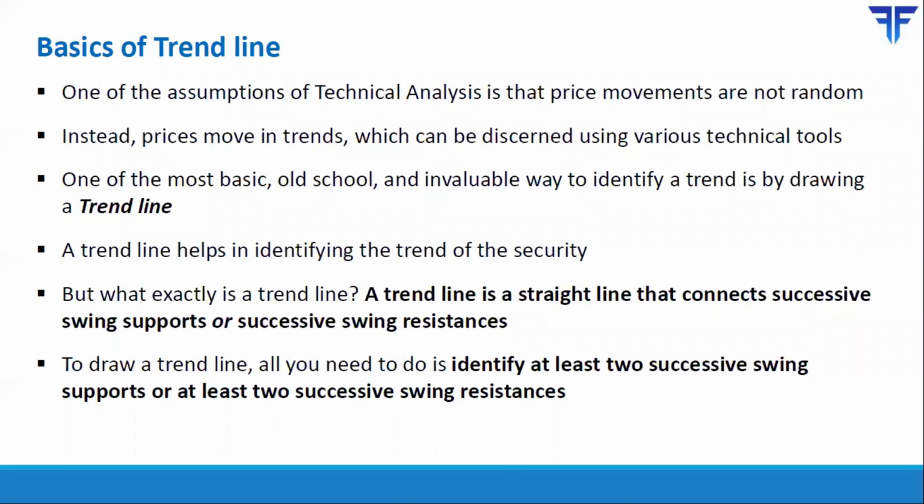A trend line is one of the oldest as well as one of the most used forms by which an analyst or a person identifies the direction of the security. By far, it is the most widely used and one of the most reliable ways of measuring the direction and the angle of a security.